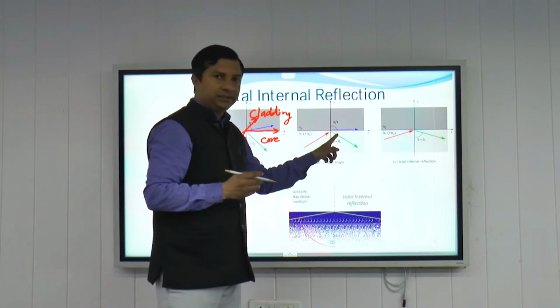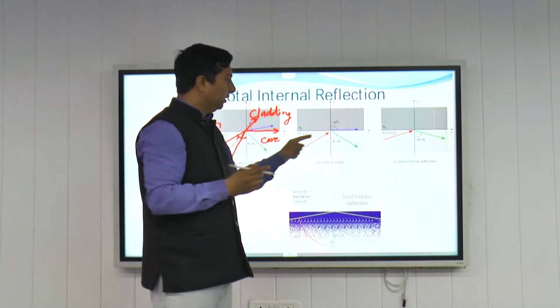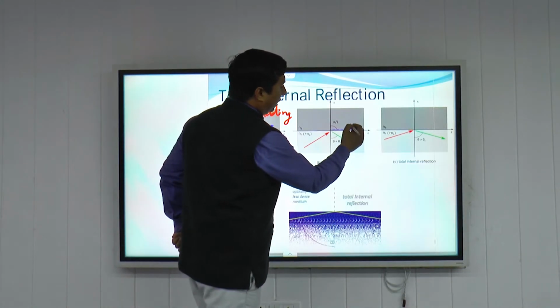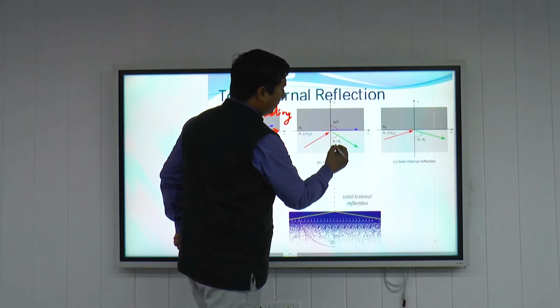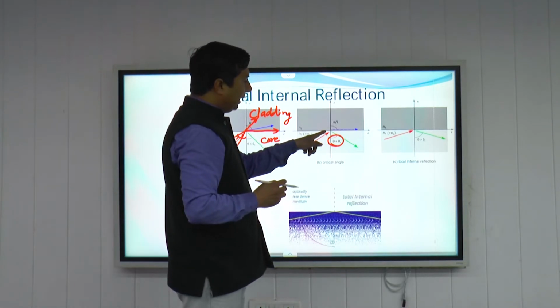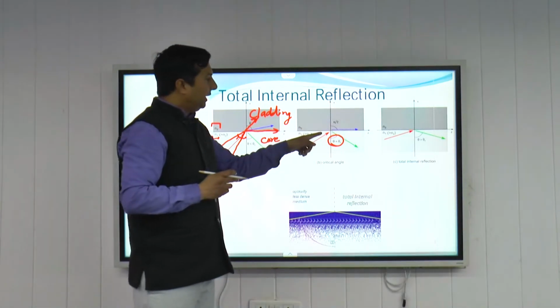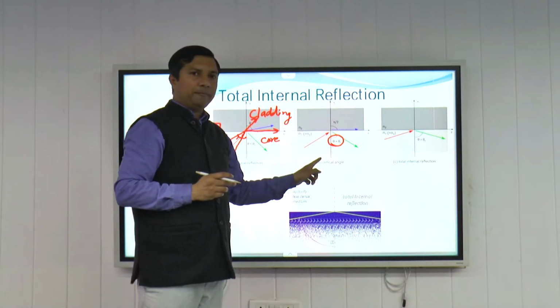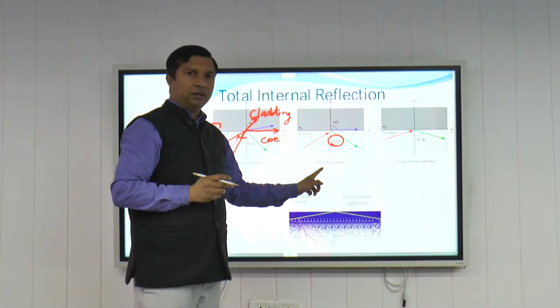Then this is the case, and this case is called the critical angle. Theta is equal to theta c. The angle at which light makes a 90-degree angle with the normal is the critical angle.